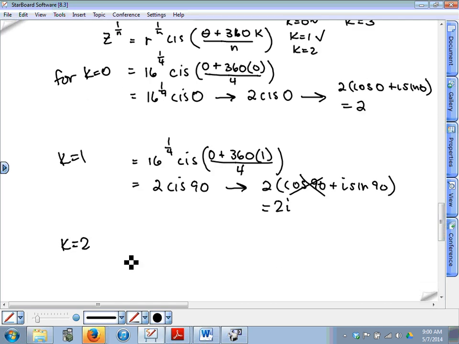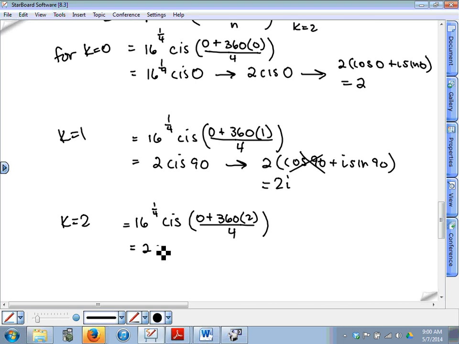Now for k equals 2, this turns out to be 16 to the 1/4 CIS 0 plus 360 times 2 all over 4. 360 times 2 is 720. 720 over 4 is 180.